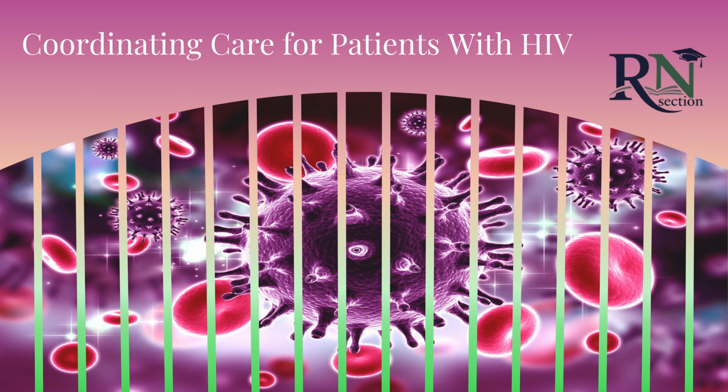HIV is a retrovirus that primarily targets CD4 plus T helper cells. As viral replication progresses, the immune system becomes increasingly compromised, making the individual susceptible to opportunistic infections and AIDS-defining illness.